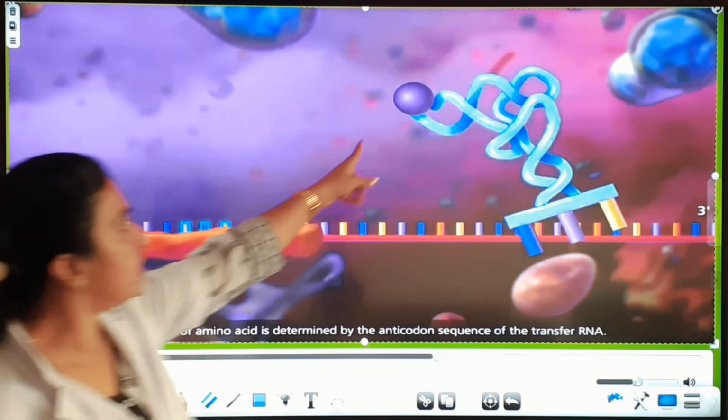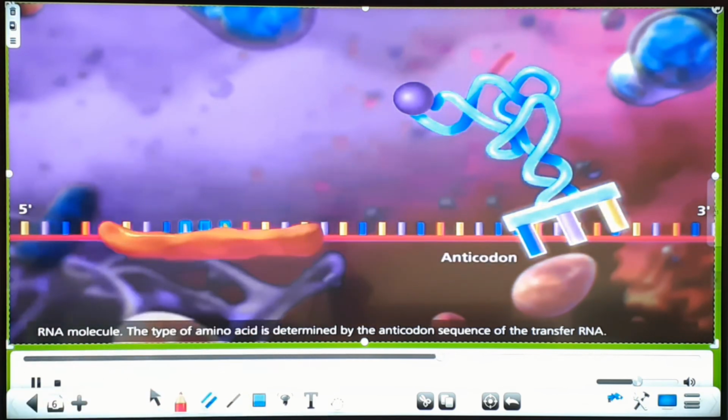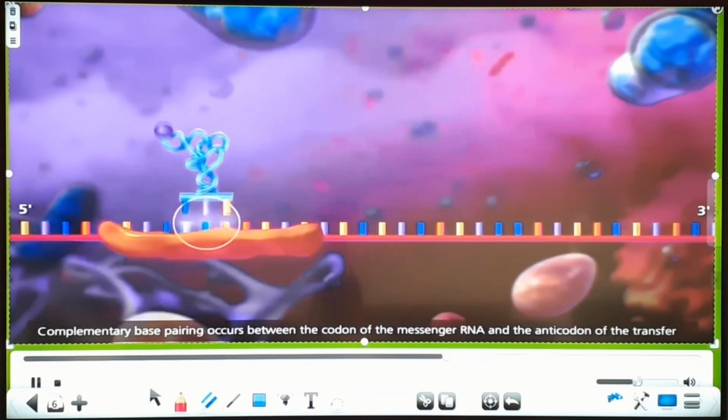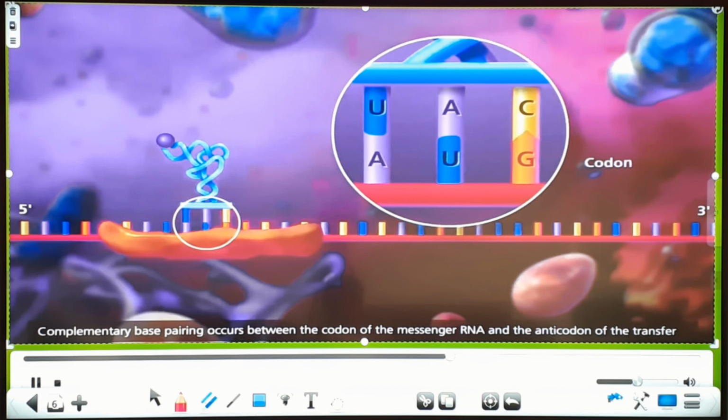The type of amino acid is determined by the anticodon sequence of the transfer RNA. Complementary base pairing occurs between the codon of the messenger RNA and the anticodon of the transfer RNA.